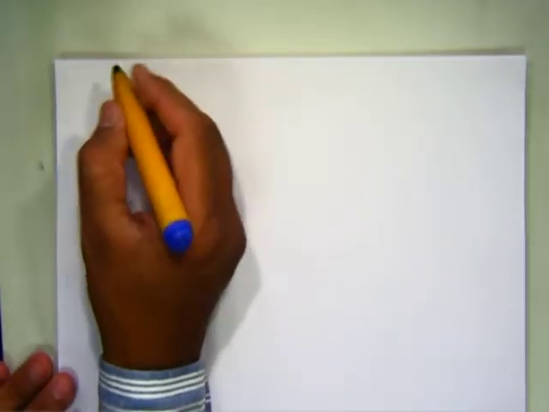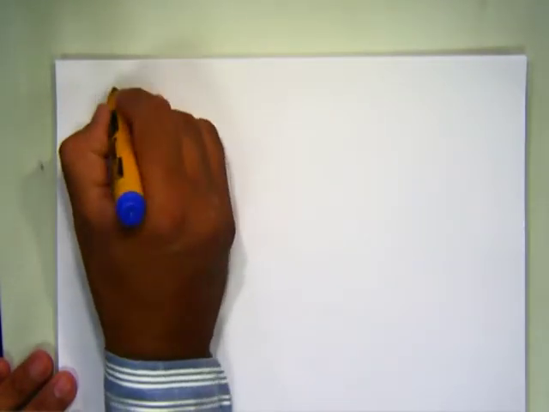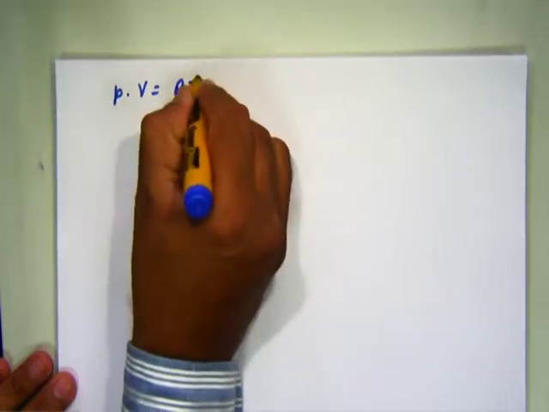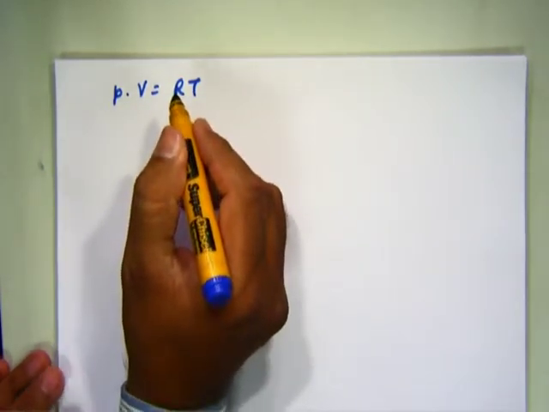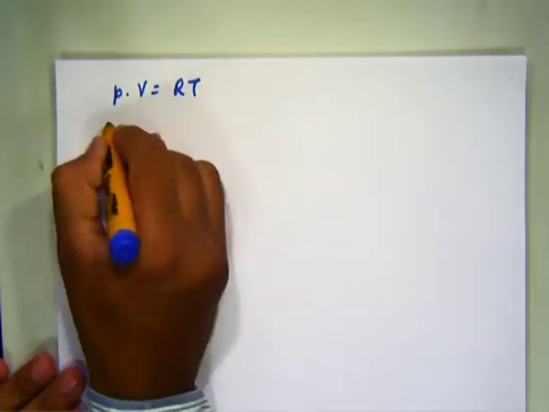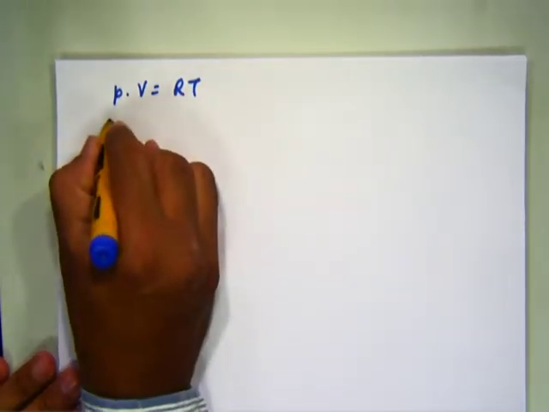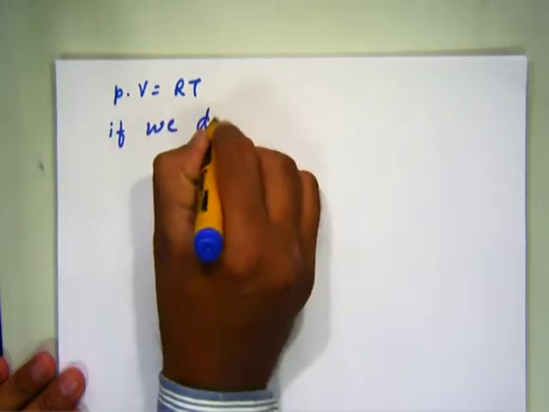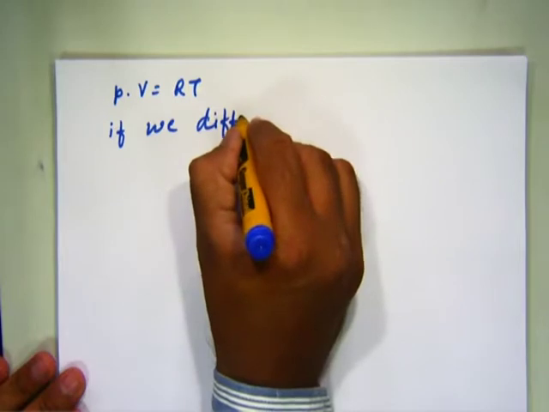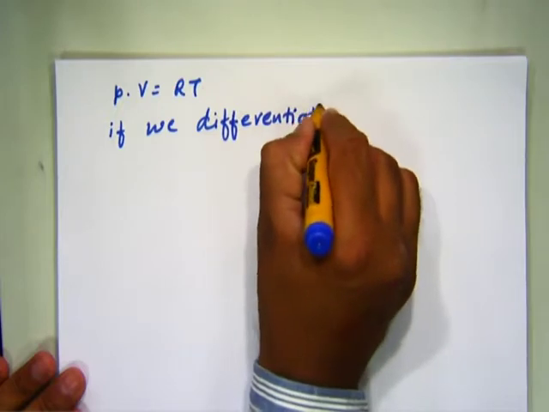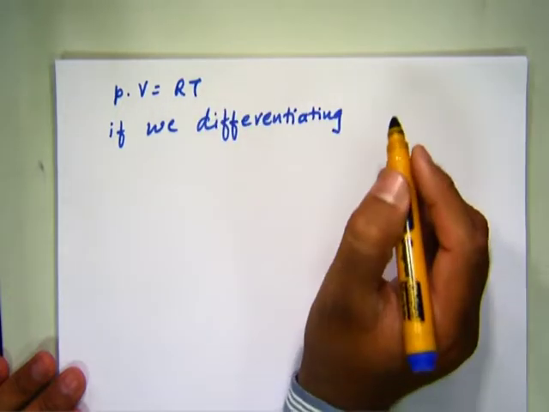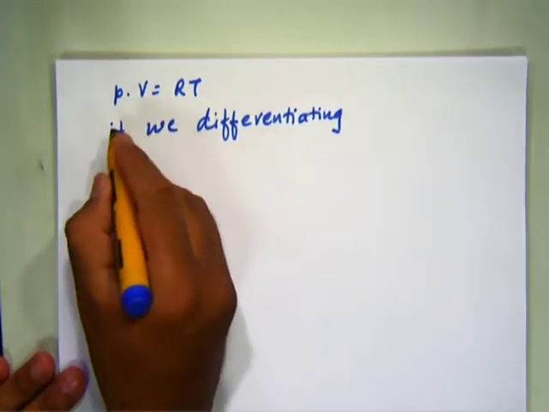So, P into V is equal to RT. Differentiating the above equation, what will we get?